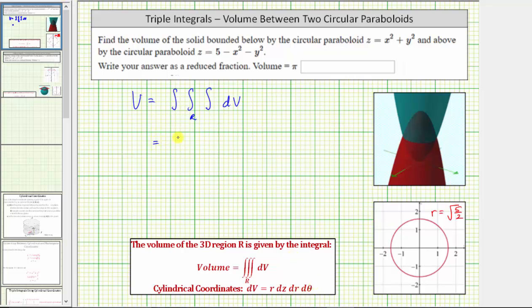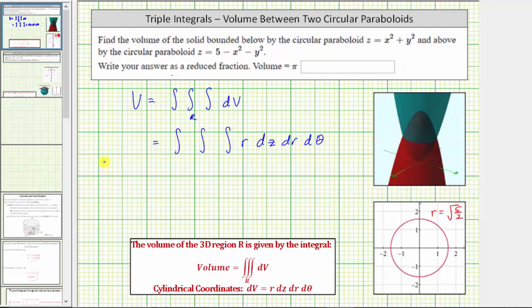So this is equal to the triple integral, and then we have r dz dr d theta. And now let's work on determining the limits of integration. Notice how we first integrate with respect to z, and the solid is bounded below by the paraboloid opening up and above by the paraboloid opening down. But remember, we need to express the limits of integration for z in terms of r and theta.